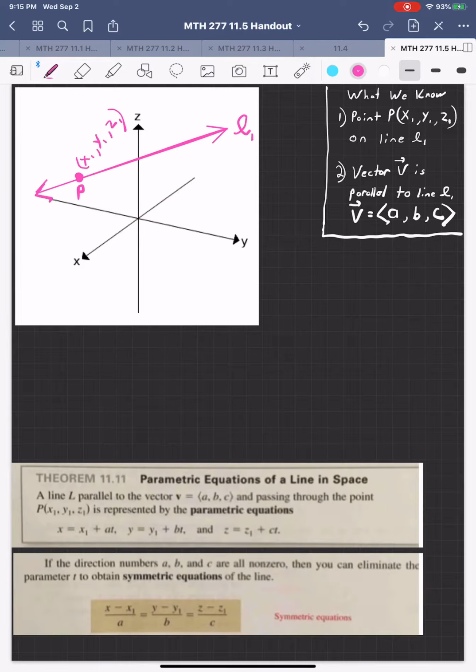We don't know what it is yet, we'll just say A, B, C are the components. We refer to this as the directional vector. And just so that we're all on the same page, those components, the A, the B, the C, we refer to those as directional numbers.